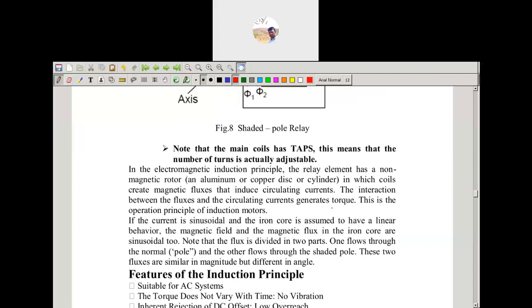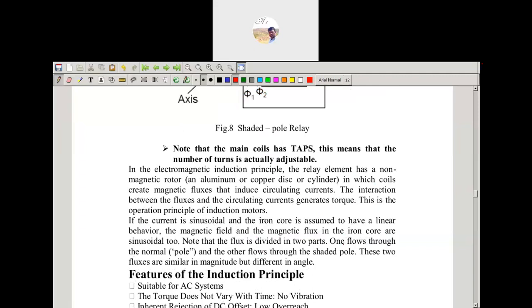This generated torque causes the rotation of the disc. This is the operation of the induction mode. If the current is sinusoidal and the iron core is assumed to have linear behavior, the magnetic field and magnetic fluxes in the iron core are sinusoidal.